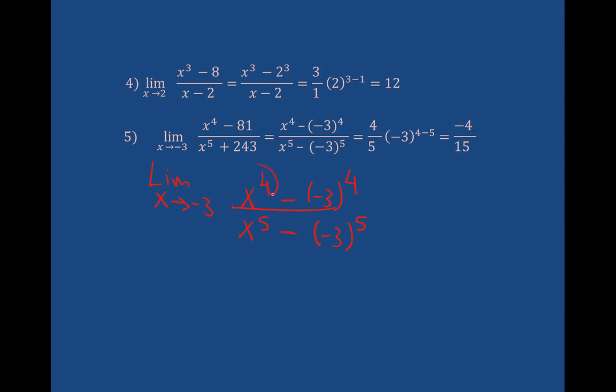The power of the numerator terms should be the same, and the power of the denominator terms should be the same. This is the limit 4 over 5 multiplied by a, which equals negative 3 raised to power 4 minus 5. Here the limit equals negative 4 over 15.